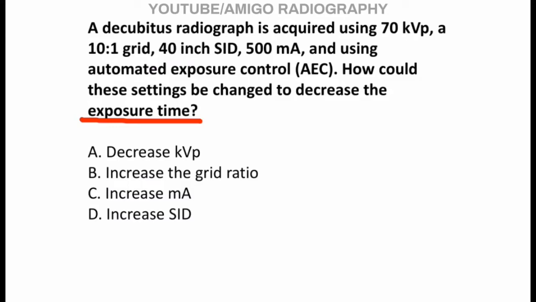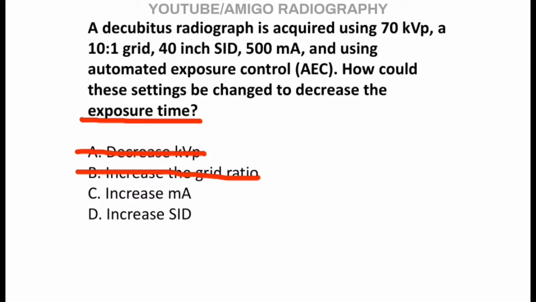So if we decrease the kVp, that's going to make them fill up slower. So that doesn't make sense. What about option B? If we increase the grid ratio, well, number one, that also is going to make this fill up slower. And then secondly, remember that the ionization chambers are behind the grid.